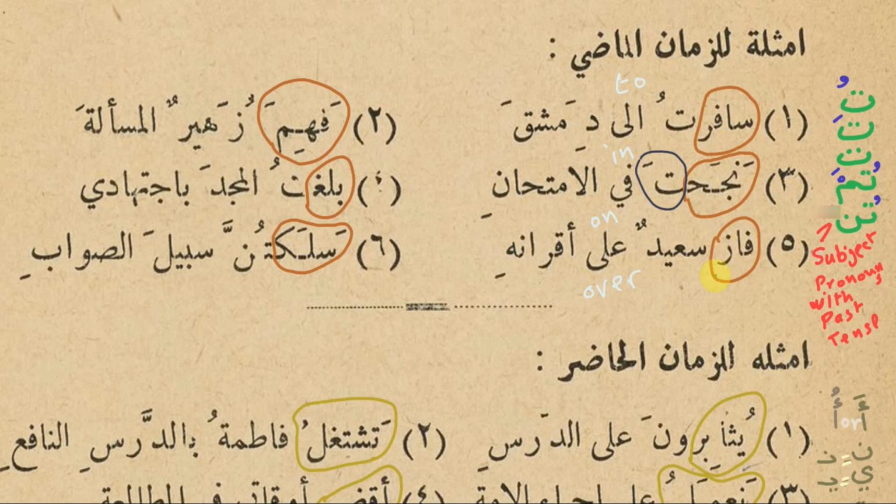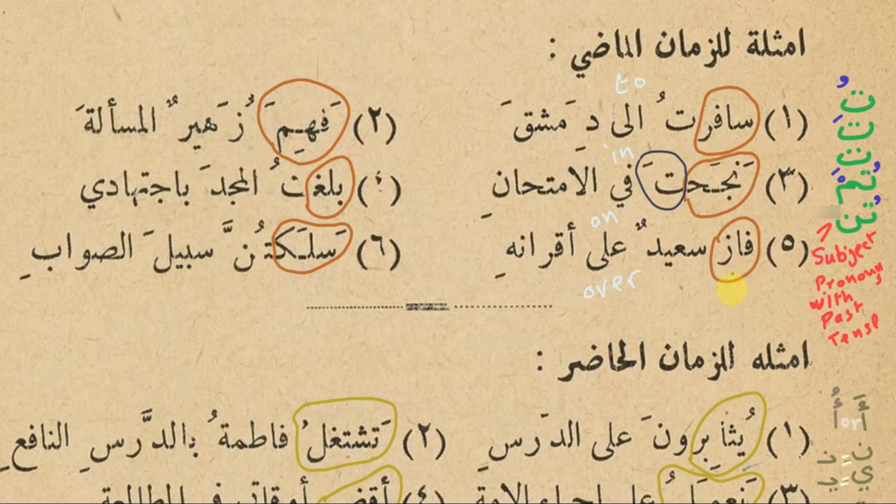So he won, or he succeeded, or he traveled. فهم, same thing, no pronouns attached, so it's third person singular masculine. بلغت, بلغ is the verb, tu here is I reached. سلكتن, this tunna here is the second person plural feminine.